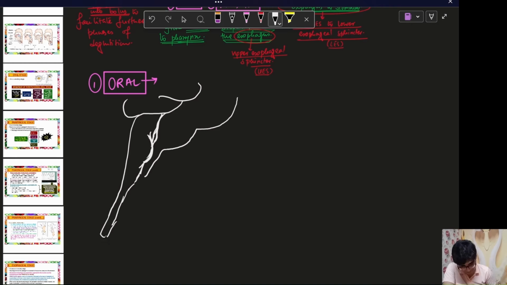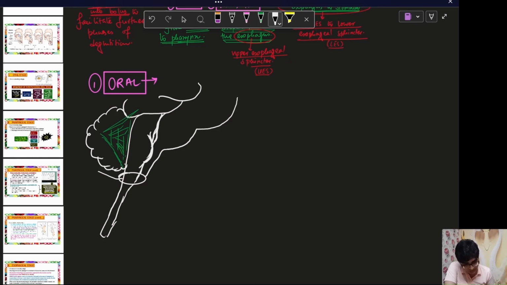Okay. So now there is the cerebellum. And for your information, this is your tentorium cerebelli. This is the foramen magnum through which the brainstem is coming down.